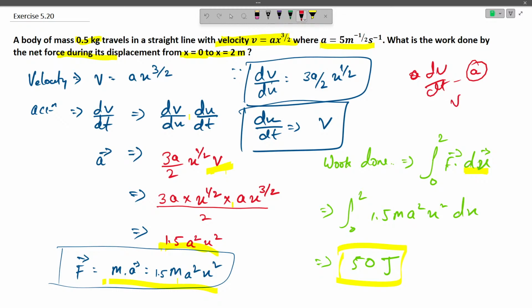Since mass is given, mass times acceleration will be the force, and since the displacement is from 0 to x, we integrate from 0 to x using the formula F dot dx. Since this is a definite integral, we get the value, which is 50 joules.